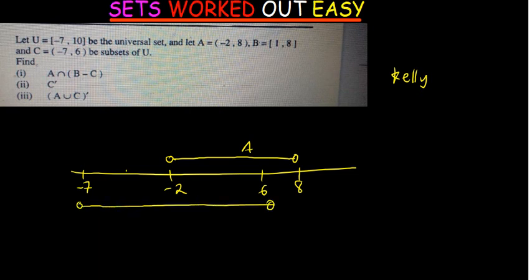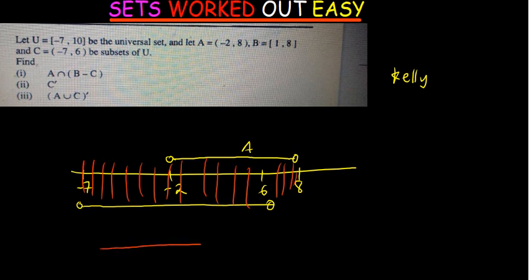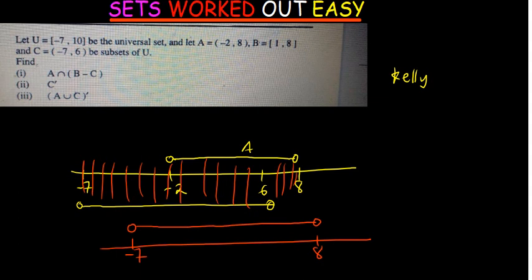Now we want the union of these two sets. So the union is just everything. We combine the set A and the set C. So we see that the answers are going to be between negative 7 and 8. We are not including negative 7, because negative 7 is not part of this set C, and we are not including 8 because it's not part of the set A. So this is A union C.